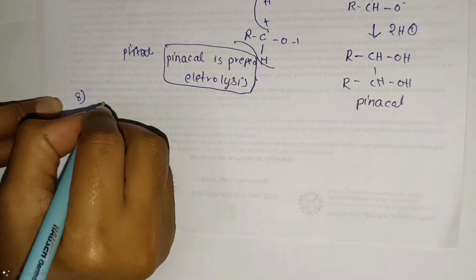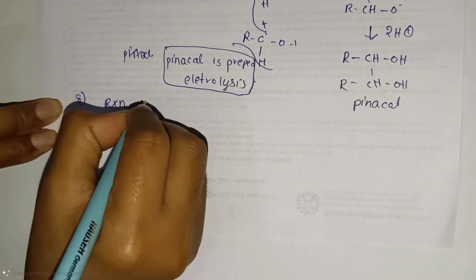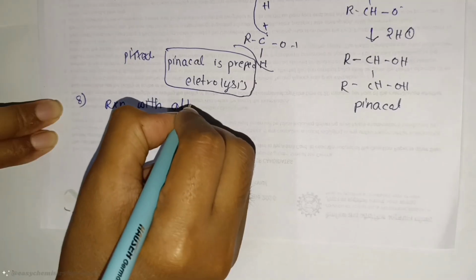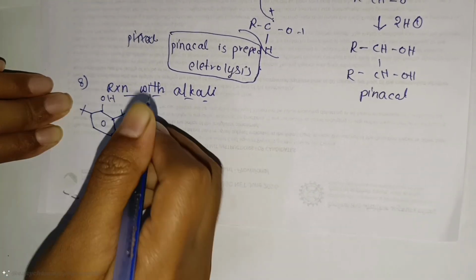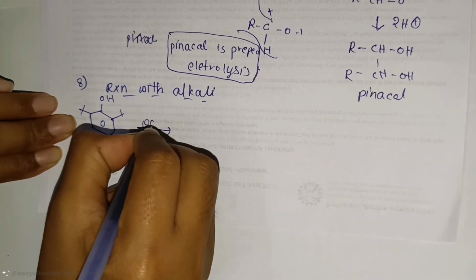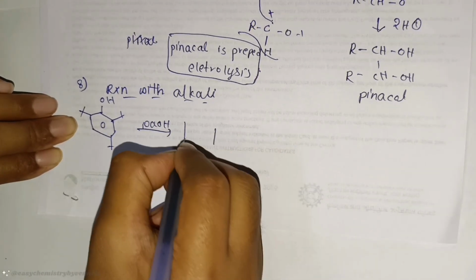Next, reaction with alkali. Here OH reacts with NaOH. It forms like this.